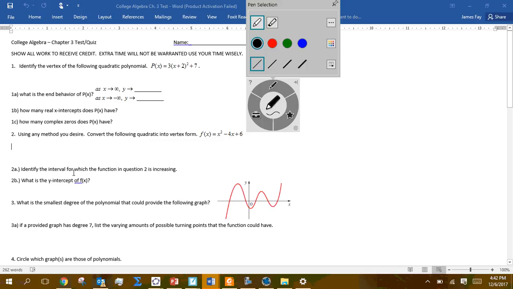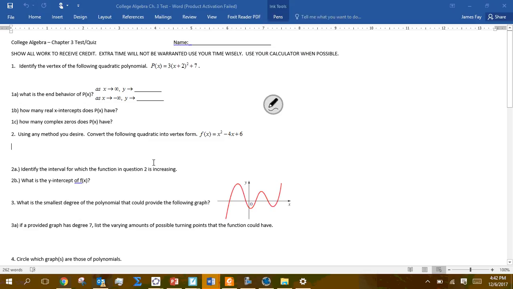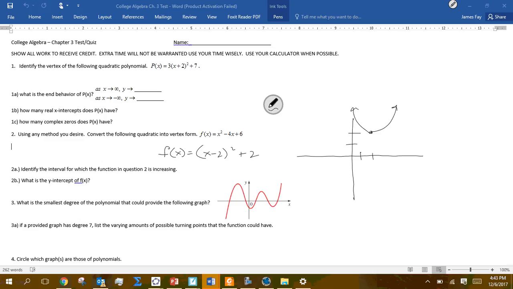part B. It says identify the interval for which the function in question 2 is increasing. Okay, well, I guess I should probably have kept the f of x equals (x minus 2) squared plus 2. We know that that has a vertex at 2, 2. And this thing has a positive a value, so it's concave up, so it looks something like that.